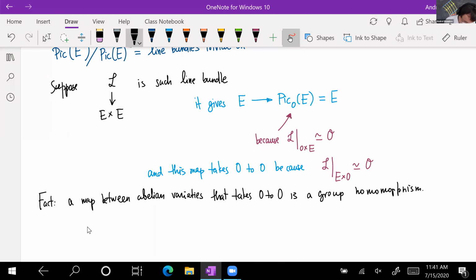So in other words, this says that Pic of E square over Pic of E square is Hom from E to E. It's some abelian group, some discrete group.